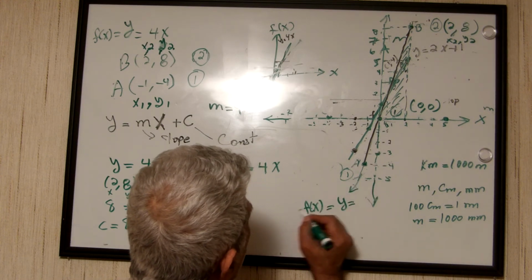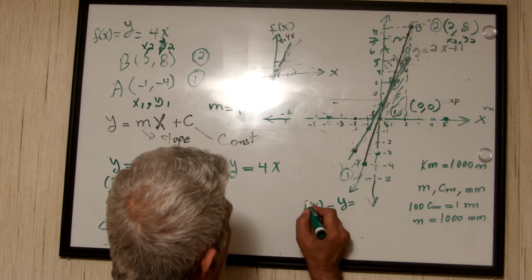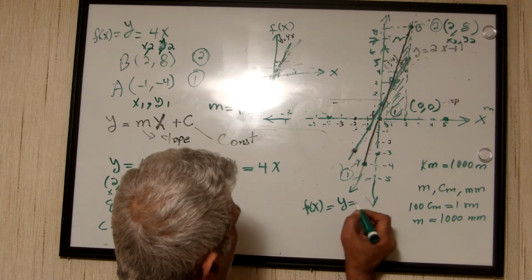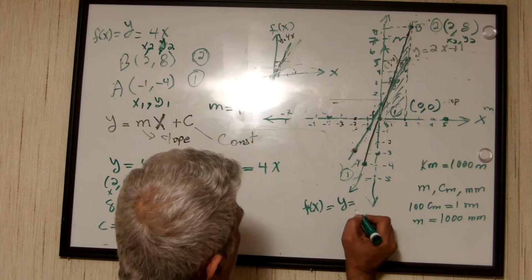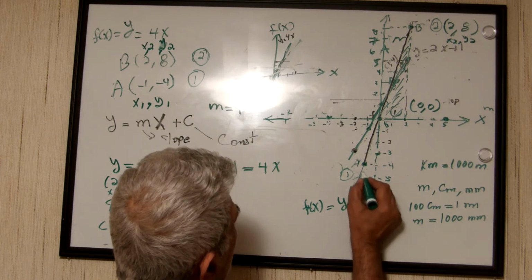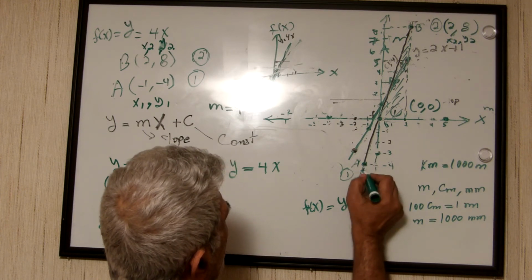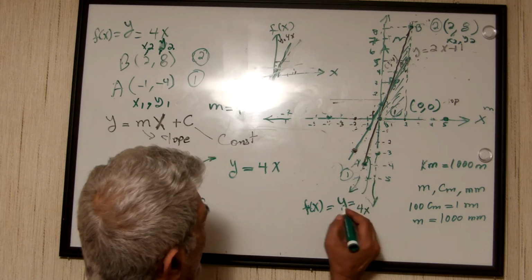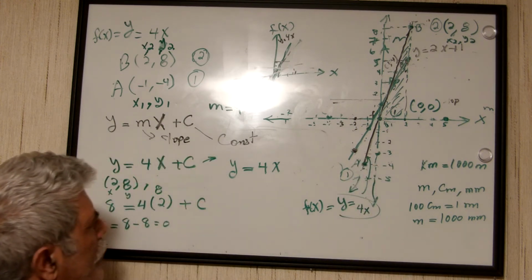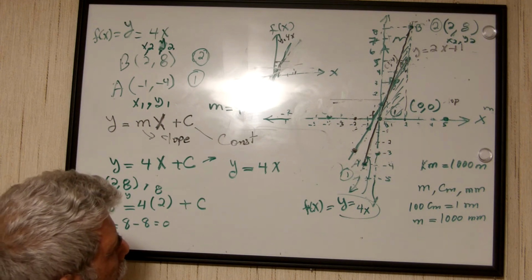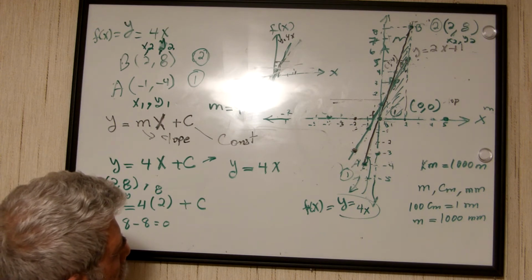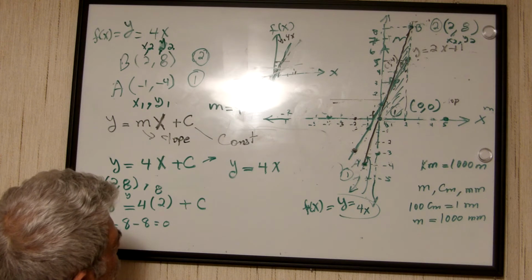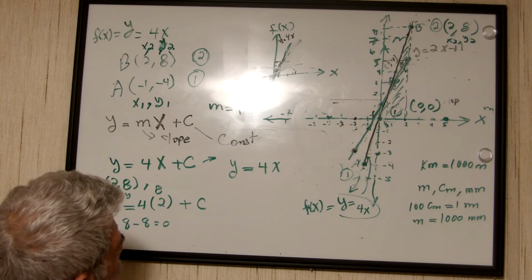From now on we use f of x, the function of x, which is going to be 4x. This is this line. The equation of this line is 4x. Okay, f of x is equal to 4x.